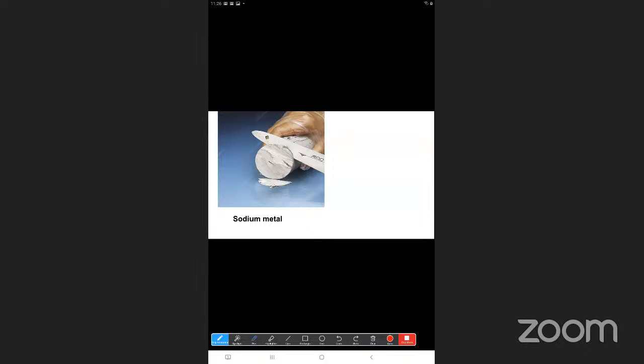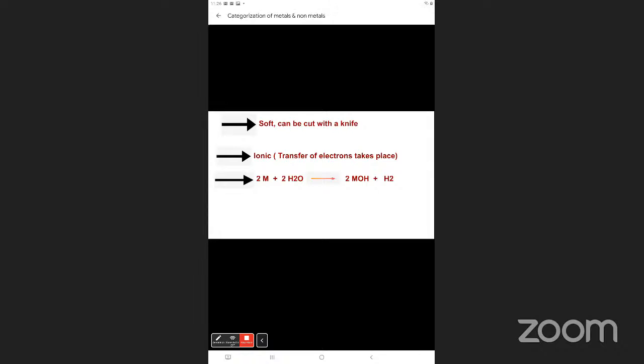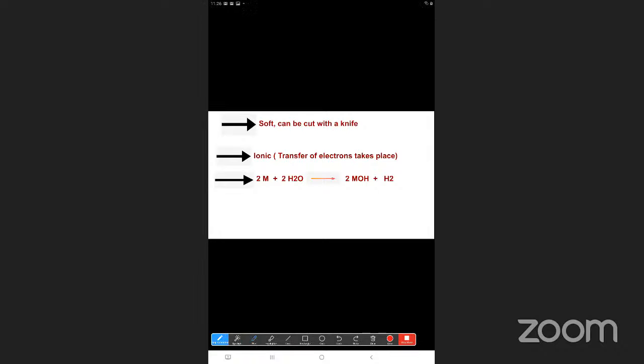This is a very soft metal. So these metal elements are soft, that means they can be cut with a knife, and they are ionic in nature. Ionic in nature means they can transfer electrons.